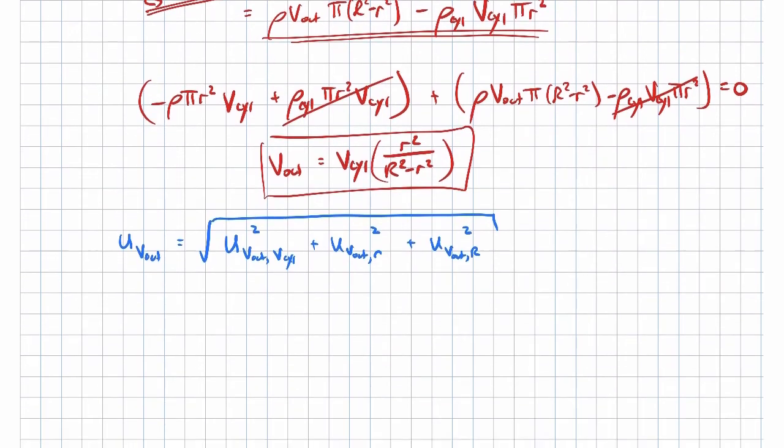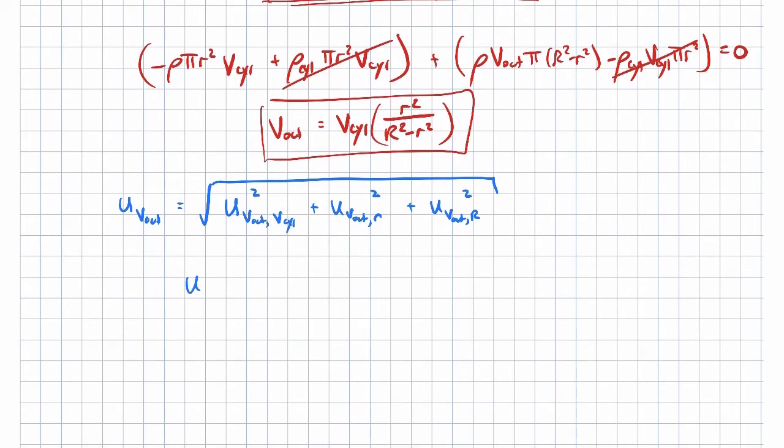So now at this point we have to find those relative uncertainty terms, and that is where we make use of our partial derivatives. So this will be 1 over V out times dV out dV cylinder times the absolute uncertainty in V cylinder.